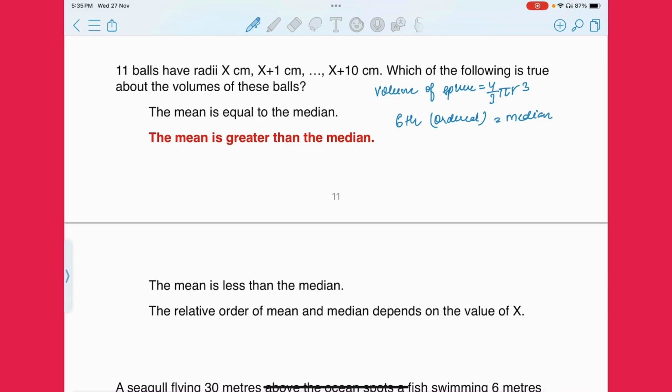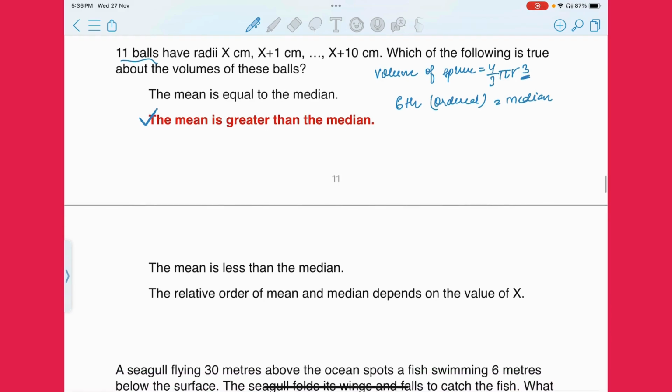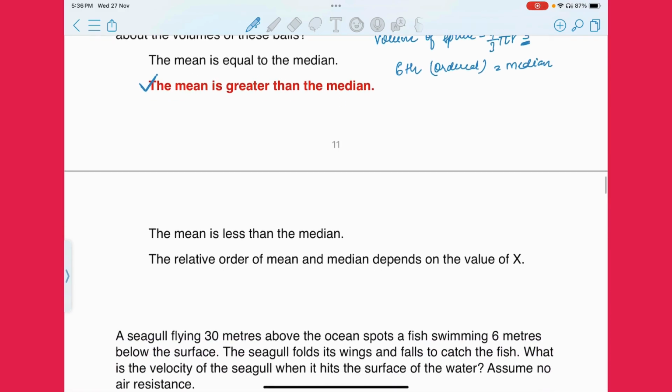But the mean is the sum of all divided by the number 11, because there are 11 balls. Since the function r to the power 3 grows faster as r increases, in the case of the mean, the correct answer will be that the mean is greater than the median.